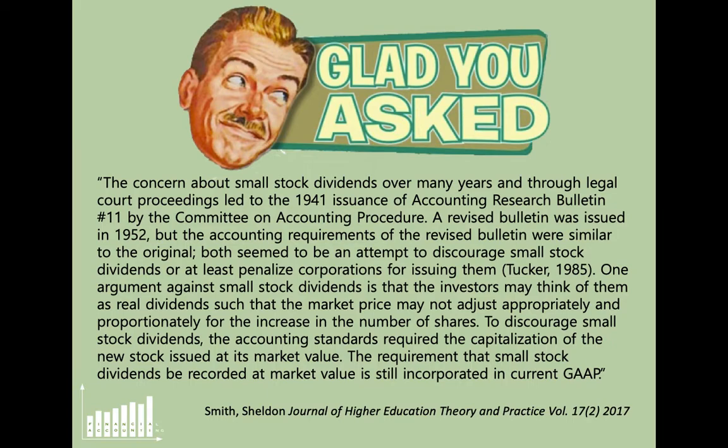To discourage small stock dividends, the accounting standards required the capitalization of the new stock issued at its market value. The requirement that small stock dividends be recorded at market value is still incorporated in current GAAP.